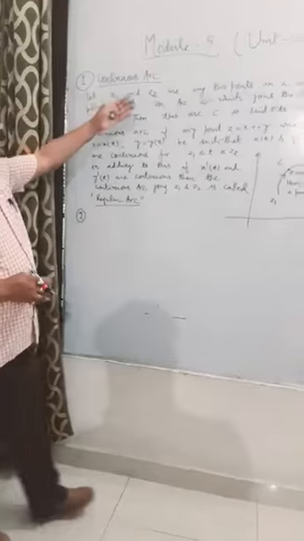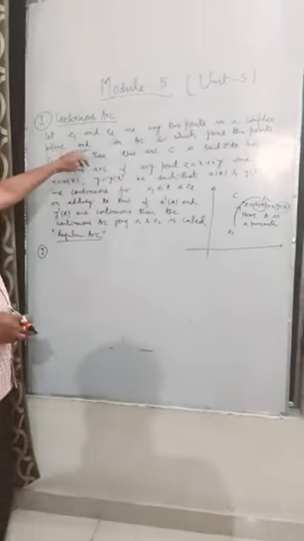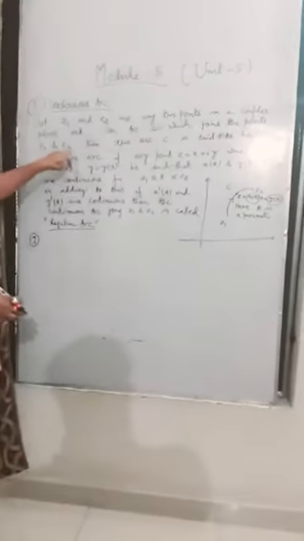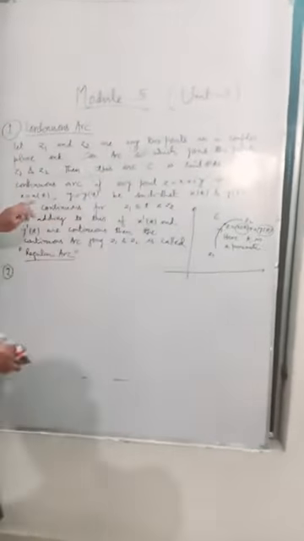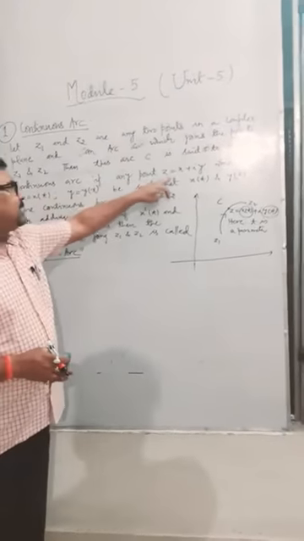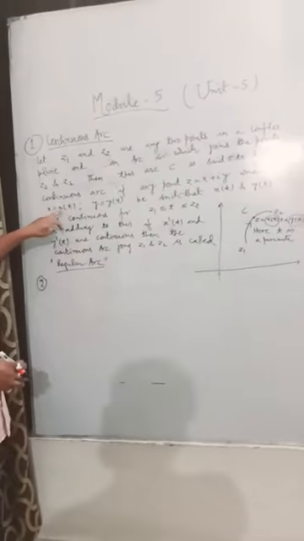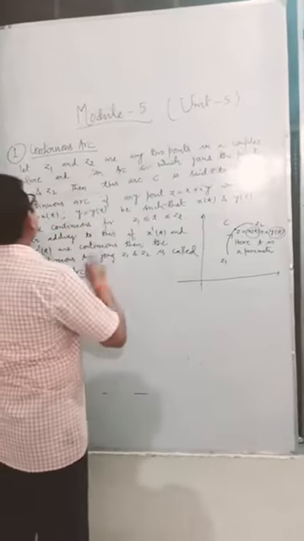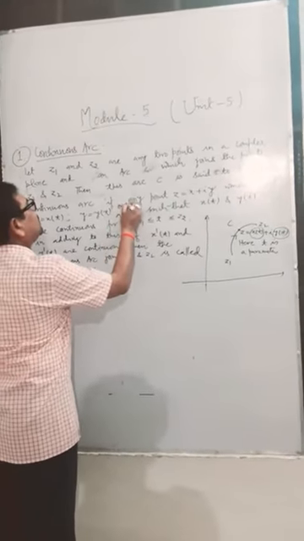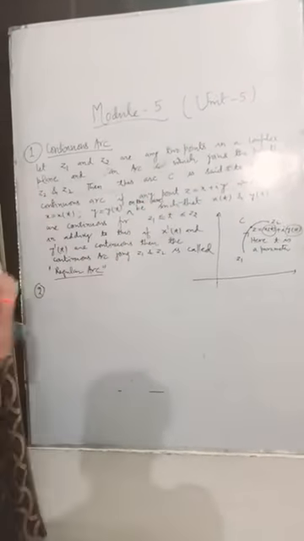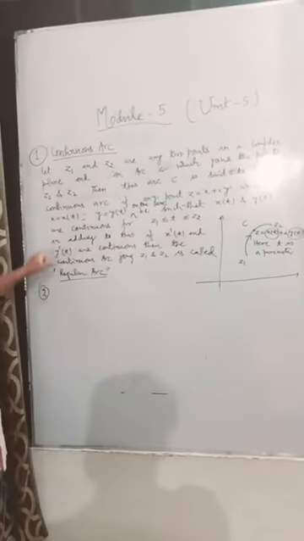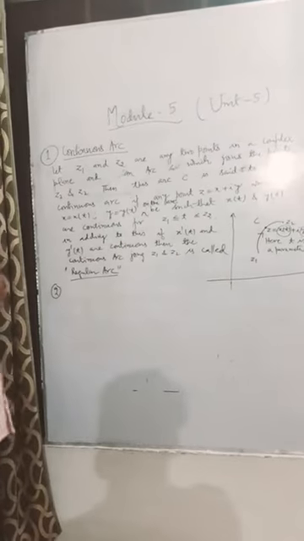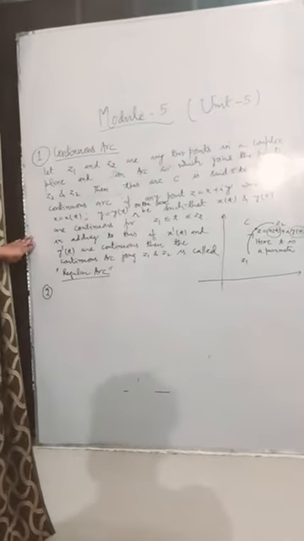If z1 and z2 are any two points in the complex plane and an arc C joins the points z1 and z2, then this arc C is said to be a continuous arc if any point z, where z is equal to x(t) plus i y(t), on the arc be such that x(t) and y(t) are continuous for t lying between z1 and z2.